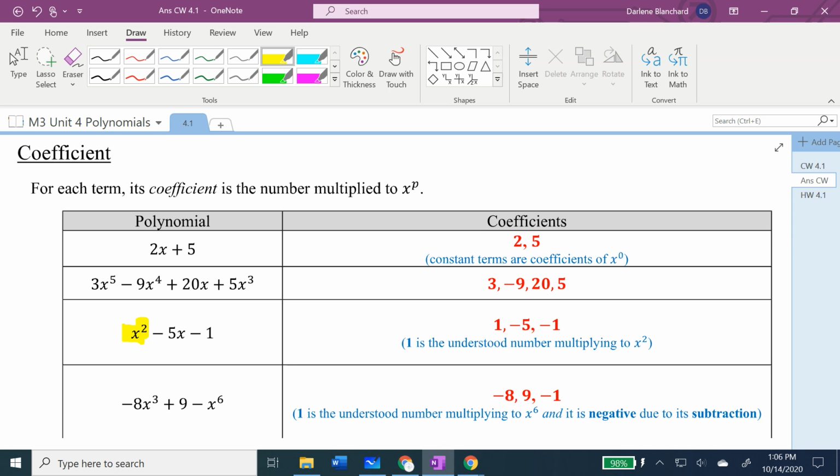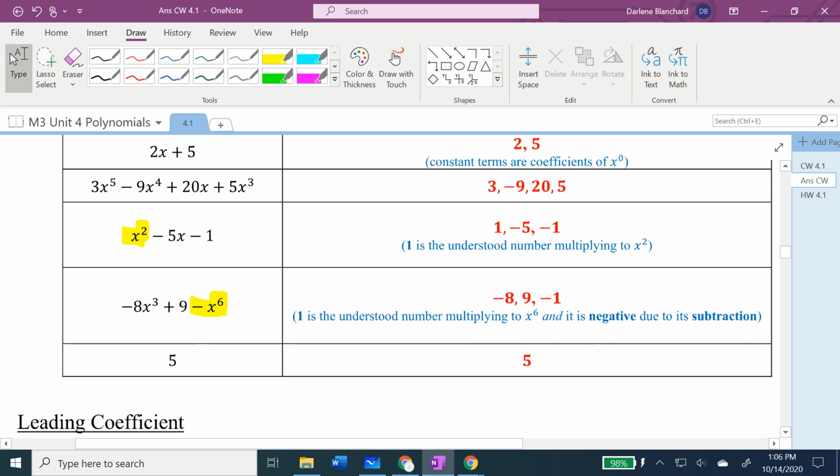And just to point out, if you see minus and then just x to a power, that minus goes with the coefficient, and then having no number written there, we understand it to be a 1. So that coefficient of x to the 6th is -1. Then 5, what is its coefficient? It's 5.